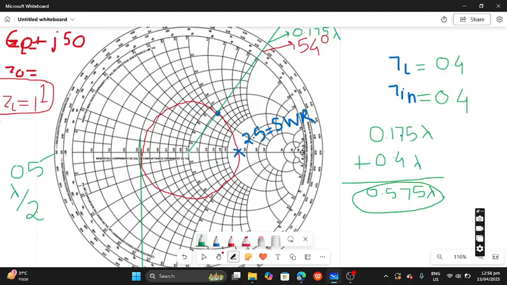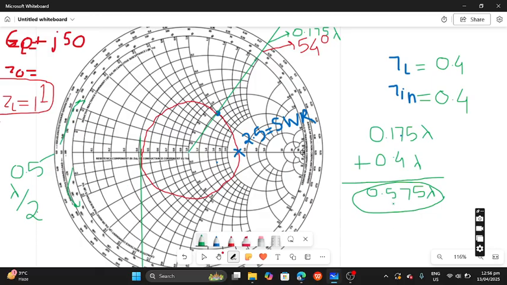That is the complete round trip, and when you halve it, it is 0.25 and 0.25. This line is towards the generator. You can see it is written in clockwise direction, and this is towards load. Toward load you go in anti-clockwise direction.